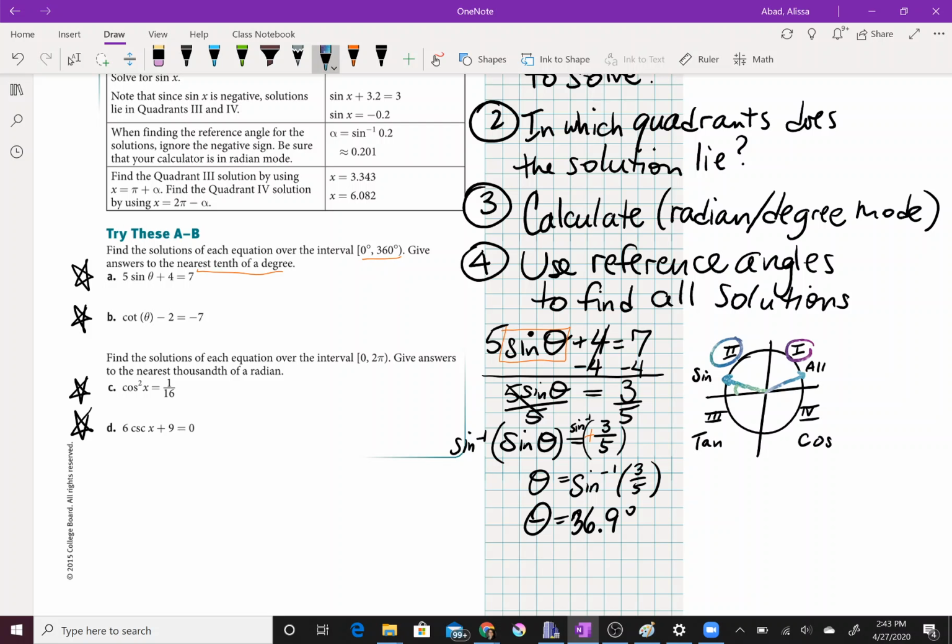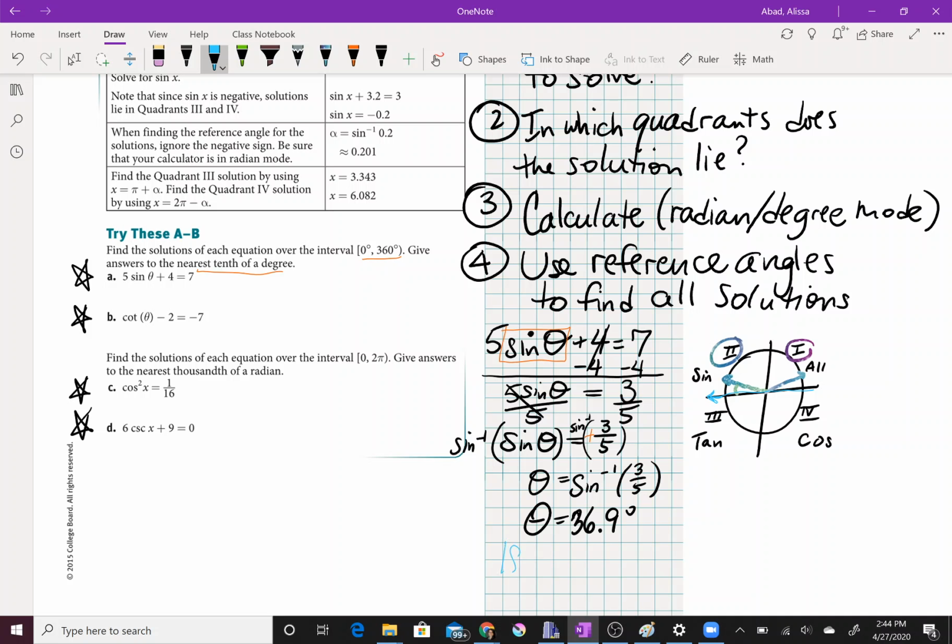To find that, since a reference angle is always off of the x-axis, and this is in the second quadrant, you're going to need to subtract from 180 degrees, because this is 180 degrees in total. We're trying to find the entire angle measure here.